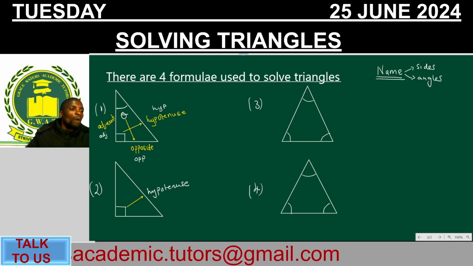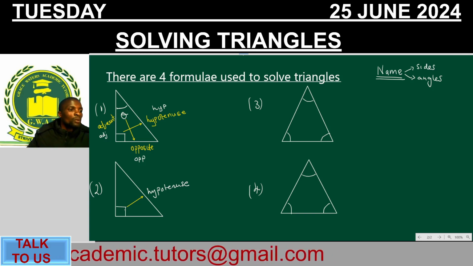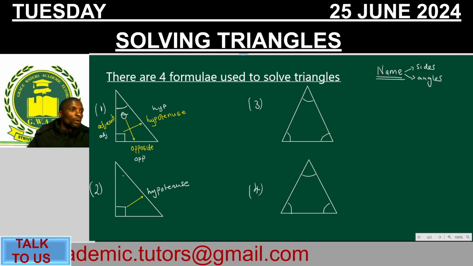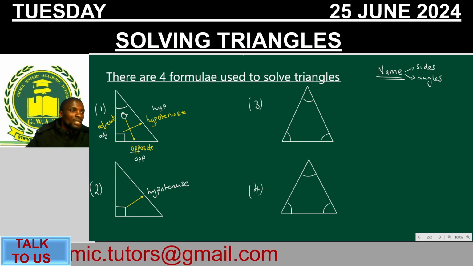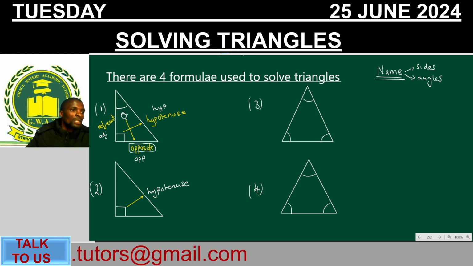No. Can we say this one is the opposite? No. Why are we saying no? Because there is no second angle. Remember, we said the opposite is the side that is opposite or that is facing the angle theta. Meaning to say the mother of the opposite is theta. Where there is no theta, you cannot have an opposite side because there is no mother, there is no son.